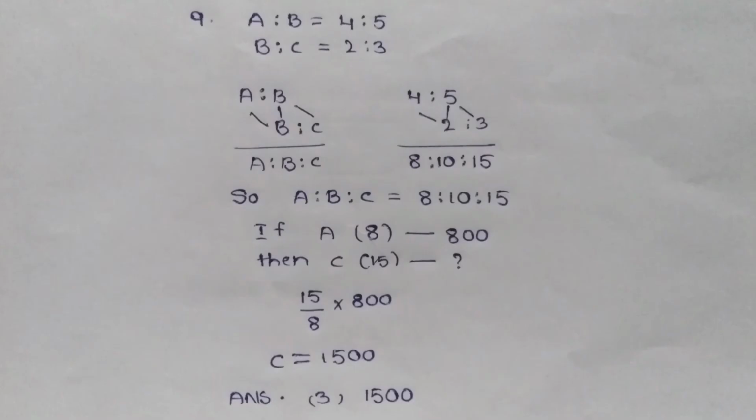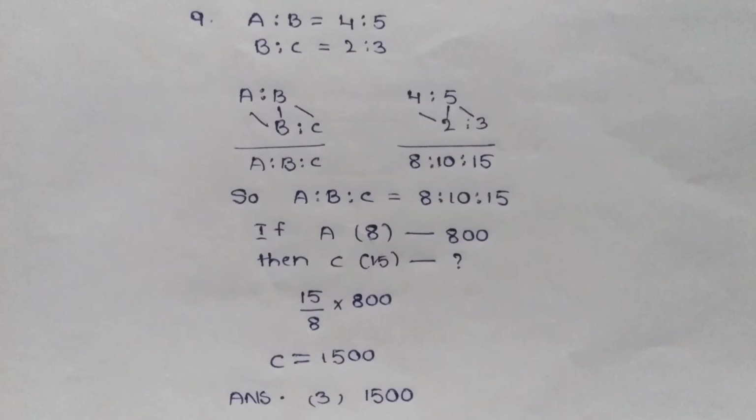Now coming back, we have got A is to B is to C ratio, that is 8 is to 10 is to 15. In the question we are given the value of A, that is 800, but here the ratio has 8 is to 10 is to 15. So in this, for 8 parts the value is 800 and we are asked to find the value of C. So we are asked to find the value of 15 parts.